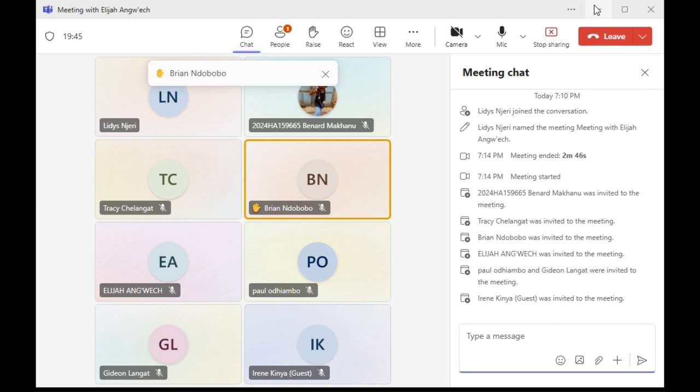Okay, thank you. Naming of these aldehydes, we have two systems of naming. That is the IUPAC naming system and the common naming system. So we are going to compare the two, starting with IUPAC naming. Yes, Irene.